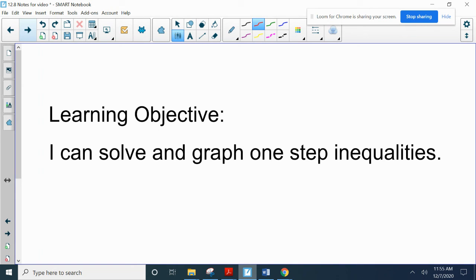So solving one-step inequalities is exactly the same as one-step equations. The only difference is that if we multiply or divide by a negative, the inequality sign flips. Graphing them is exactly the same as we talked about yesterday. So an open circle does not include the number, a closed circle does.